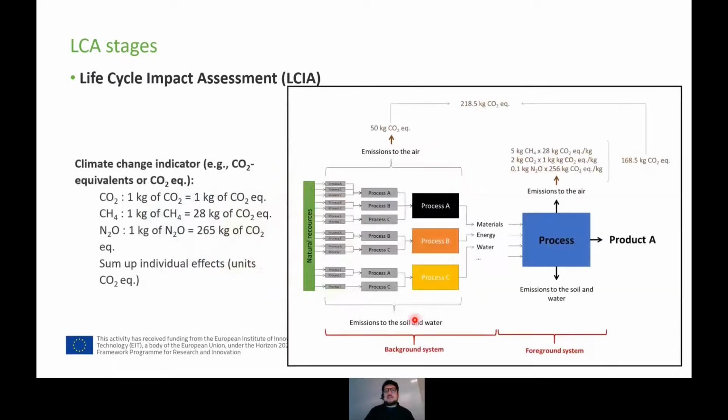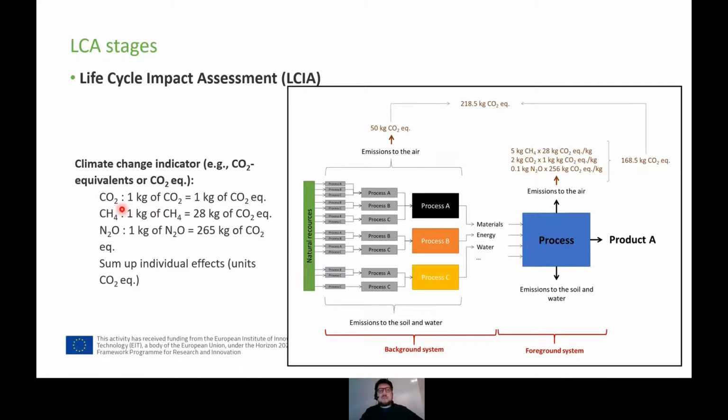And here is again the same example that I mentioned before. For the production of product A, we have a certain amount of emissions to the air. If we want to analyze this really well-known impact indicator, climate change, which is represented in kilograms of CO2 equivalent, we need to make some calculations by considering the characterization factors that I mentioned before.